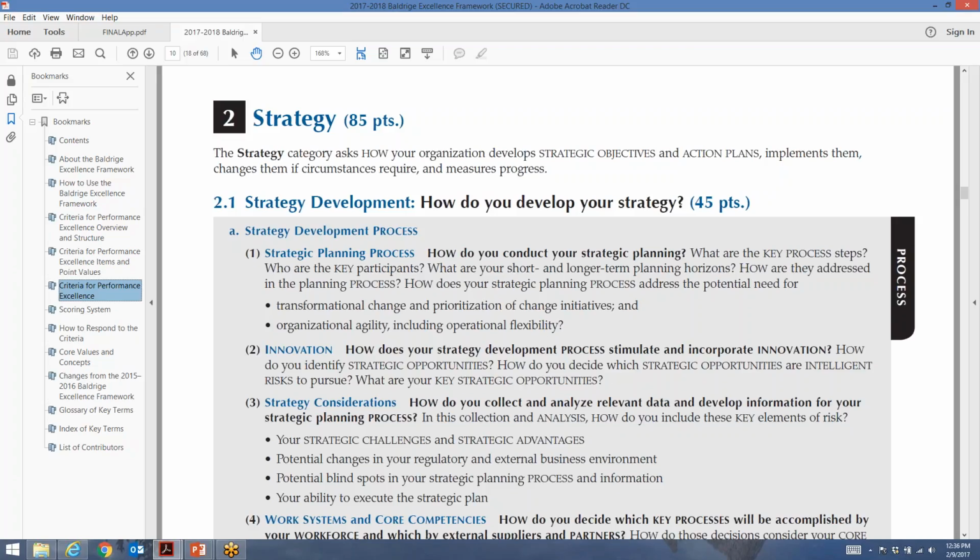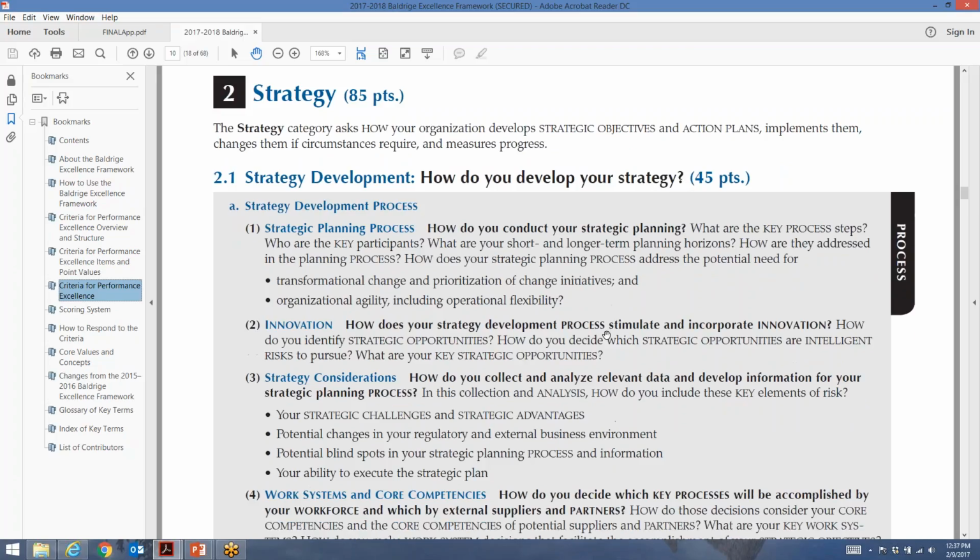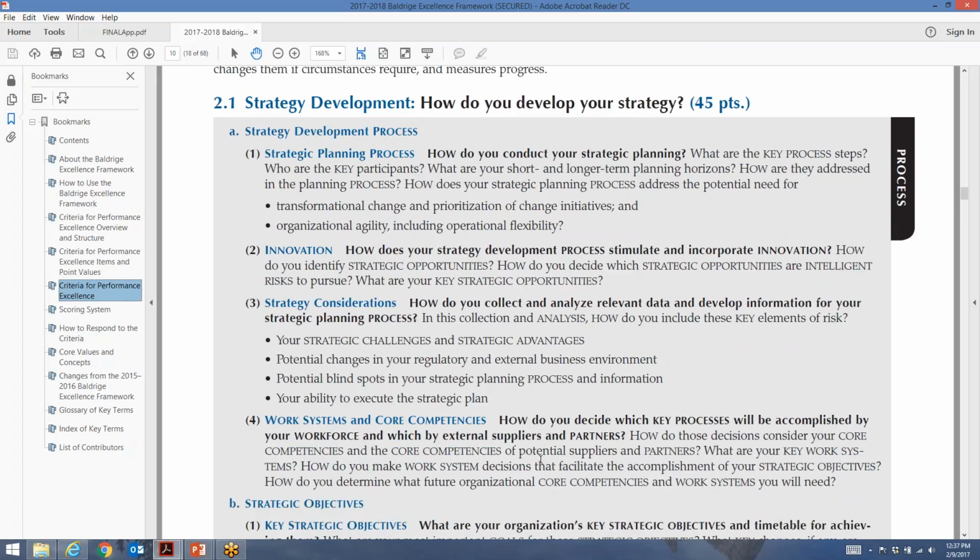So basic, for an examiner getting trained on this, they'll say, look, if somebody didn't really answer a whole lot of this specifically down here, they just gave you generally the answer. It's asking how your organization develops strategic objectives and action plans, and implements them. So how do you develop strategy? If you just told me how you develop strategy, you didn't give me a whole lot else in here. Lots of stuff missing.